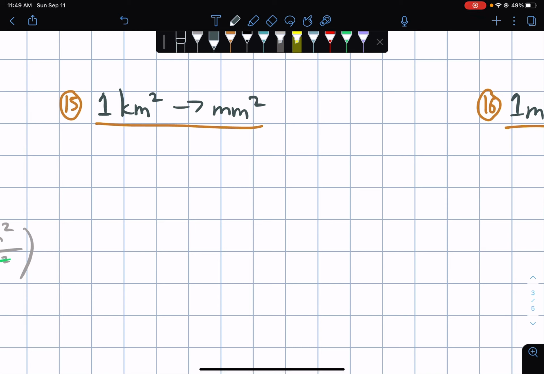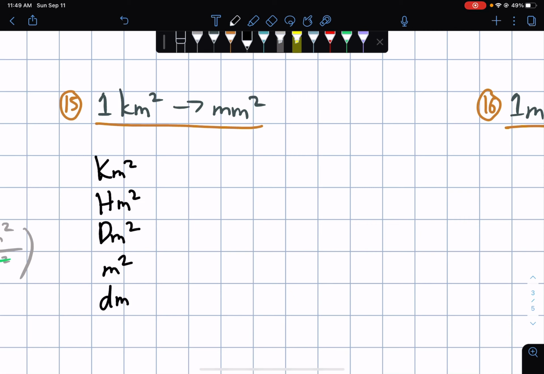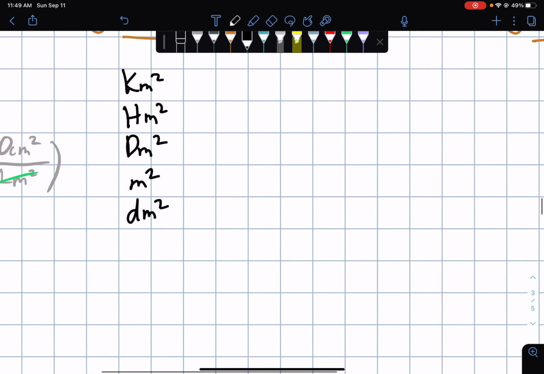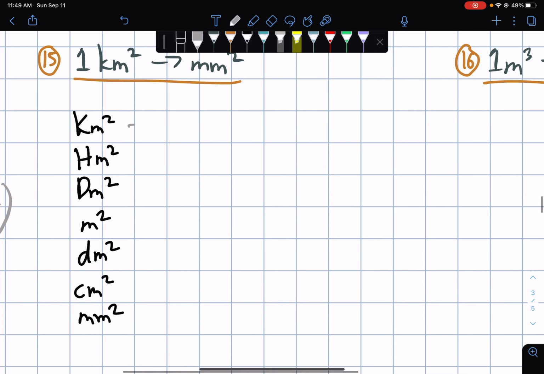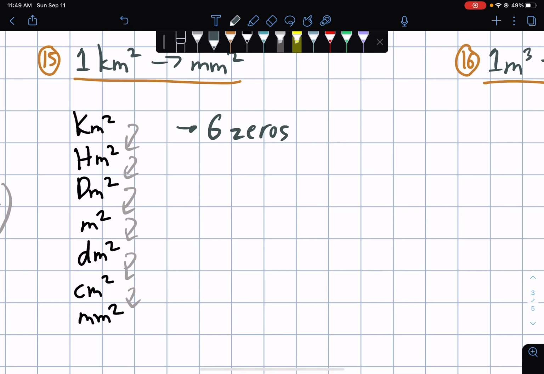1 kilometer squared, 2 millimeters squared, km squared, hm squared, capital dm squared, m squared, small letter dm squared, cm squared, mm squared. Okay, how many zeros? 1, 2, 3, 4, 5, 6. 6 zeros.